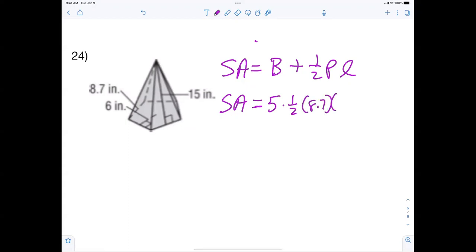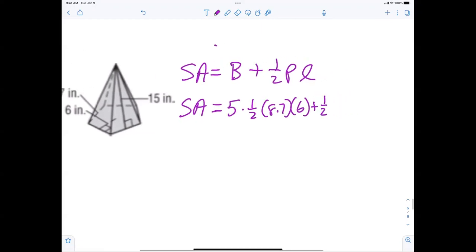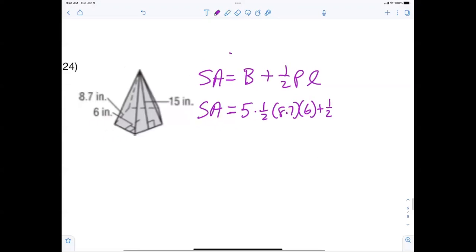What's the height? 6 plus 1/2. What's the perimeter? You can just tell me 8.7 times 5 times what? Times 15.